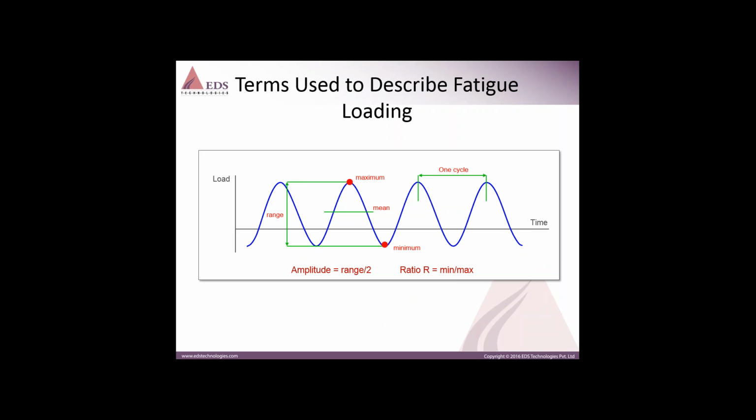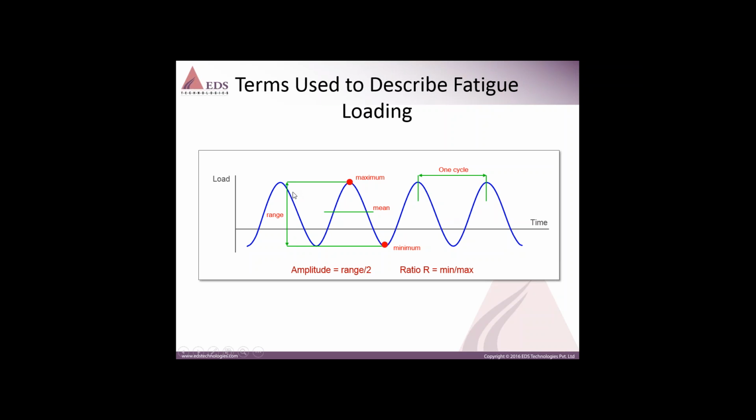A brief introduction to the types of loading coming in fatigue. As you can see, this is a completely reversing type of load. You can see load versus time here, and here is the maximum load amplitude, and this is called one cycle of load, and the amplitude becomes a range.